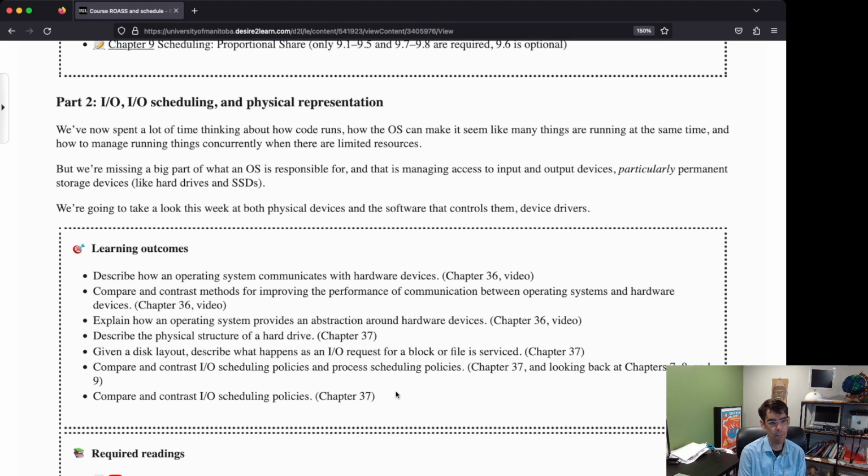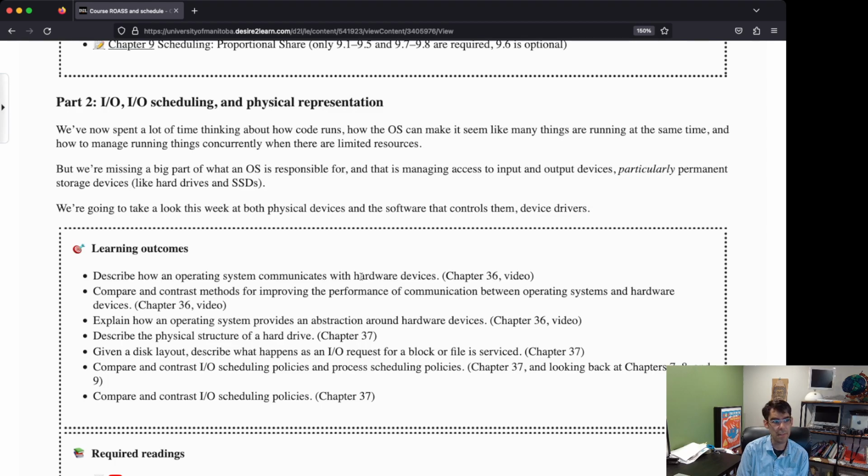Describe how an operating system communicates with hardware devices. What I'm really looking for here is related to this other learning outcome. Explain how an operating system provides an abstraction around hardware devices. This is both going to be the idea of device drivers and the idea of how hardware is communicated with in terms of reading and writing registers, so memory mapped IO, or specific instructions that are given.